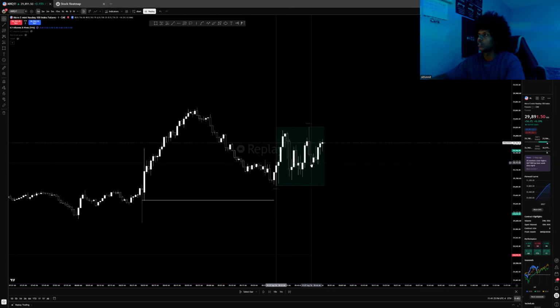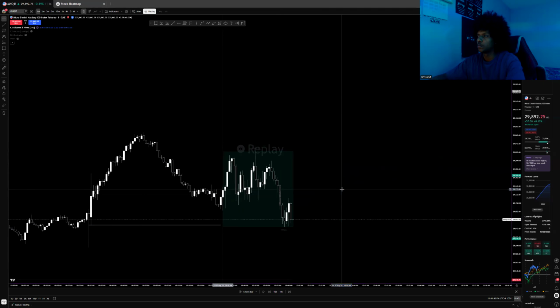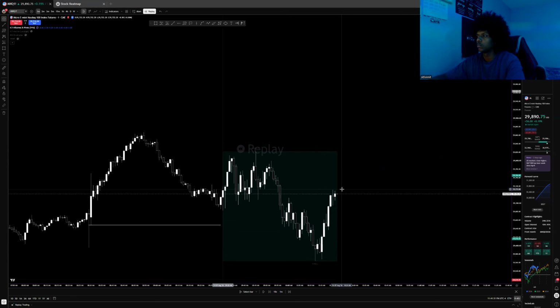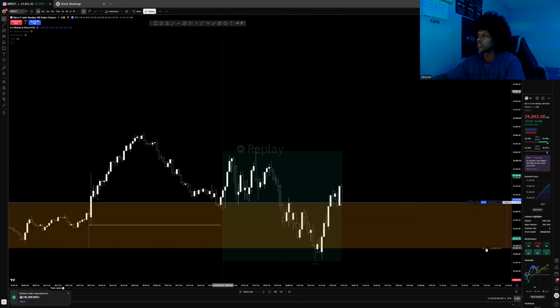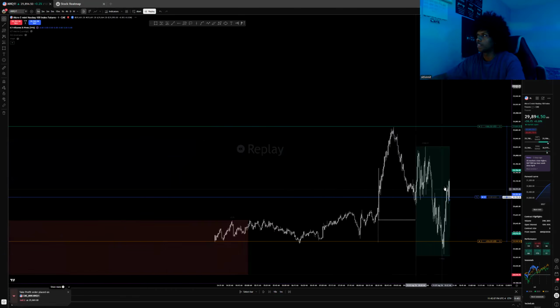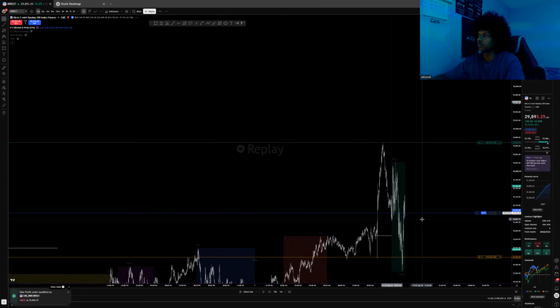Another inversion, I could have got into a position there, but it should have closed the trade or gone break even. There it goes. The entry starts with all that fair value gap inversion. Targeting, not exactly that. Yeah, probably exactly that.